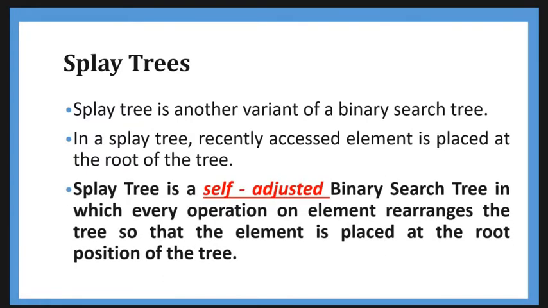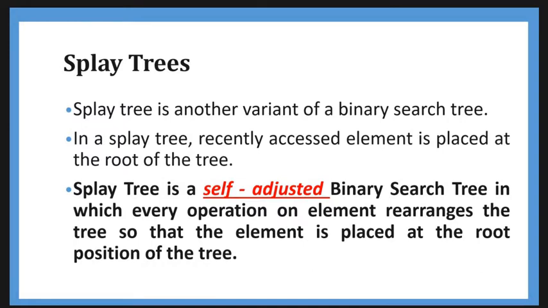Splay tree is a self-adjusted binary search tree in which every operation on an element rearranges the tree so that the element is placed at the root position of the tree.